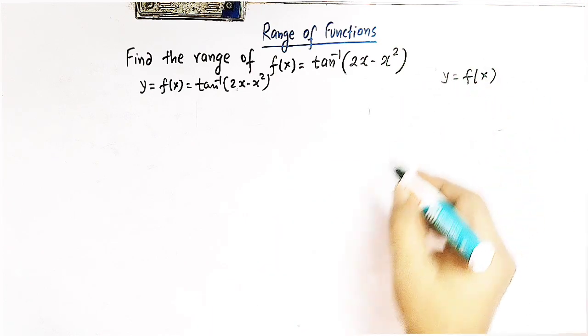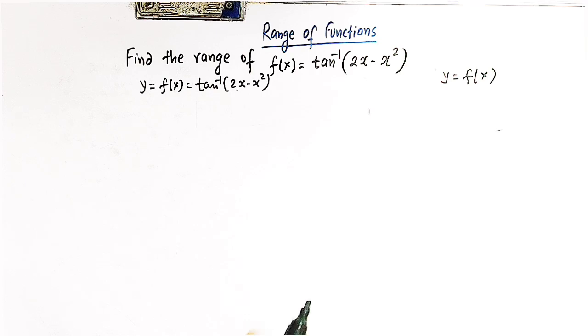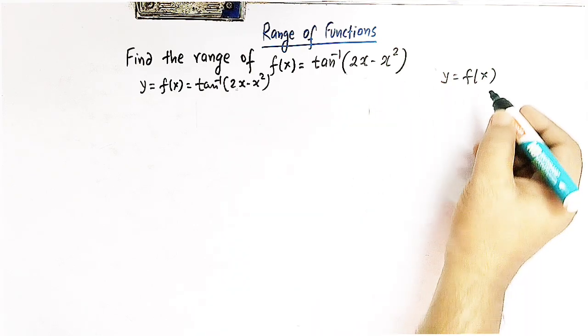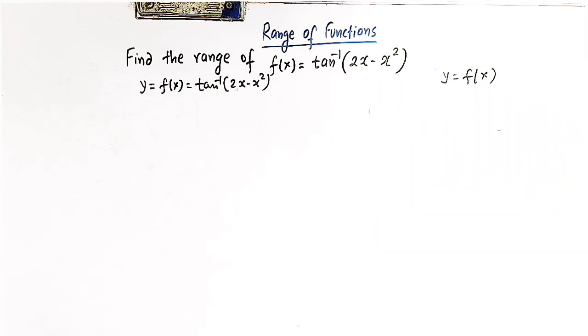So this y constitutes the range of the function f of x, and all valid values of x are known as the domain of the function, right? So this is the first thing.